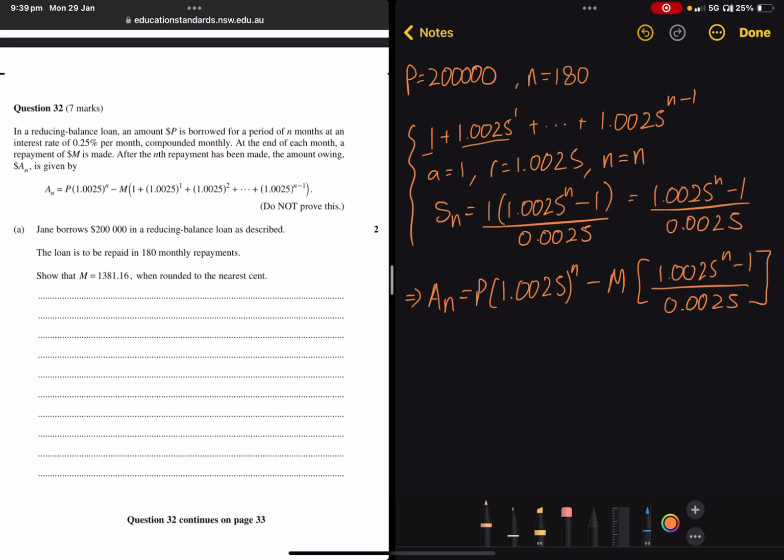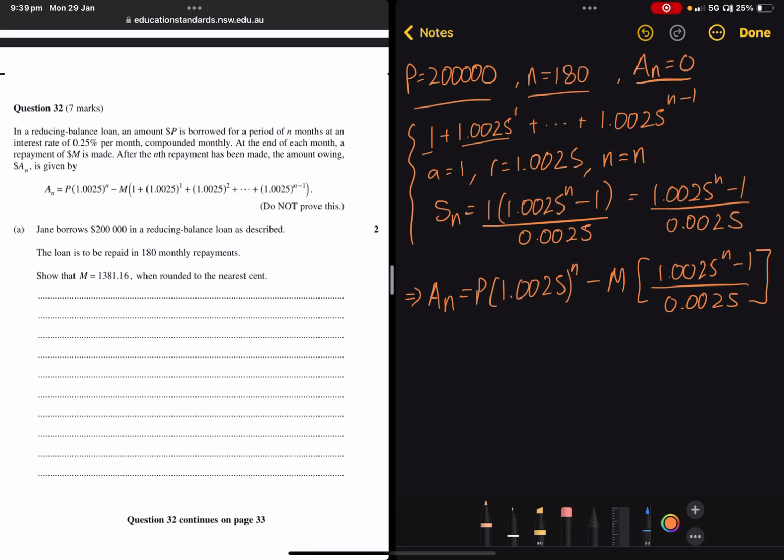Now we need to use the information we have about the question and this condensed form of the equation in order to show that in the case where 200,000 is borrowed and is repaid in 180 monthly repayments, the monthly repayment is 1,381.16. So we're going to let P equal 200,000, n equal 180, and we're going to let A_n equal 0, because we need the amount owing at the end of this loan to be 0 in order for this to be the correct repayment.